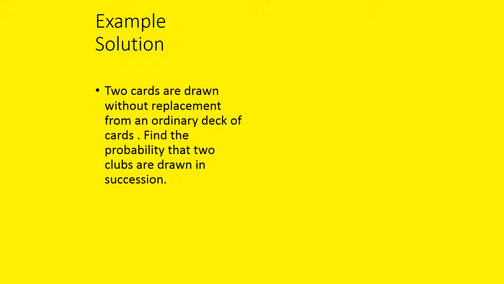We're talking about the event that a club is drawn on the first draw and a club is drawn on the second draw, C1 and C2. By the formula that I just gave you, that's the probability of C1 times the probability of C2 given C1.